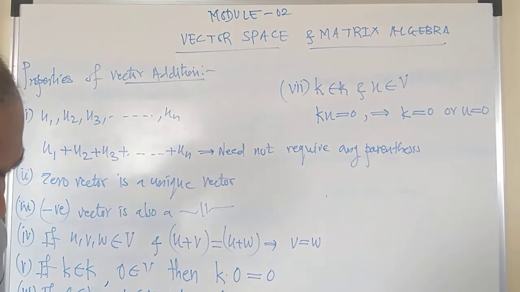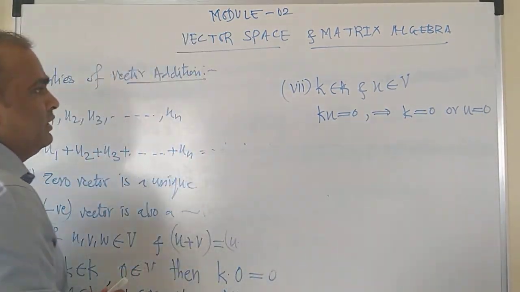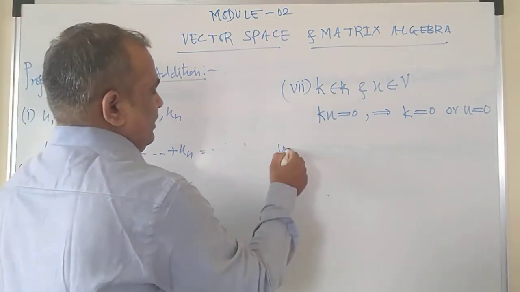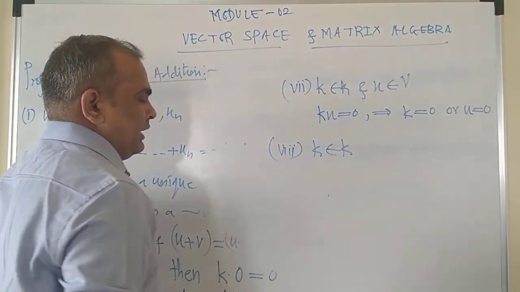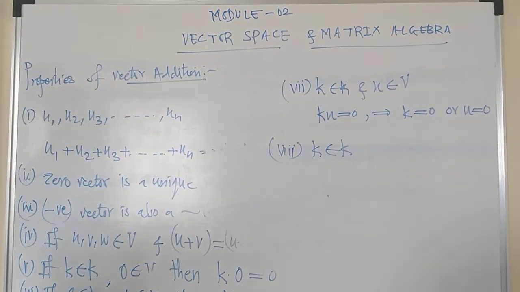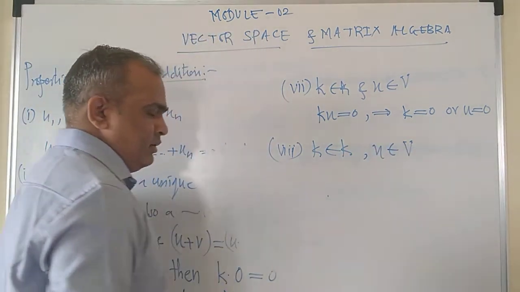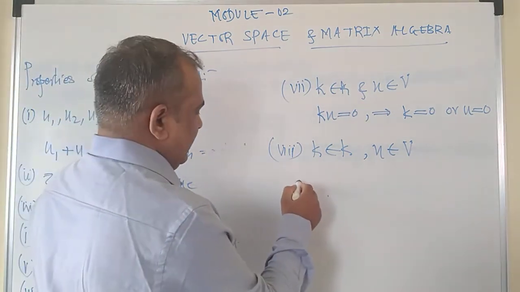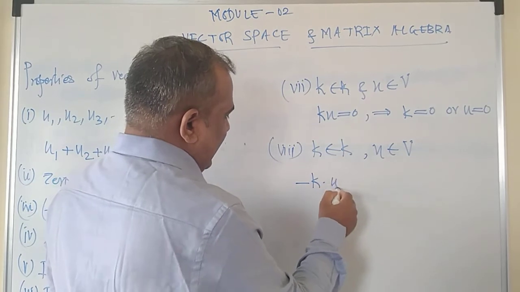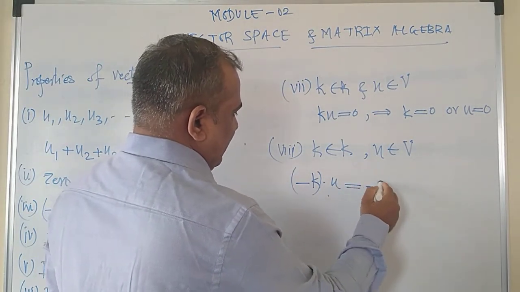Now the next property is for any scalar k which belongs to a field capital K and a vector u which belongs to a vector field V, the multiplication of minus k and u, I will write in this way, is equal to minus times ku.